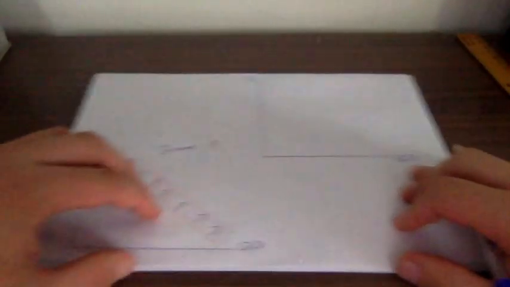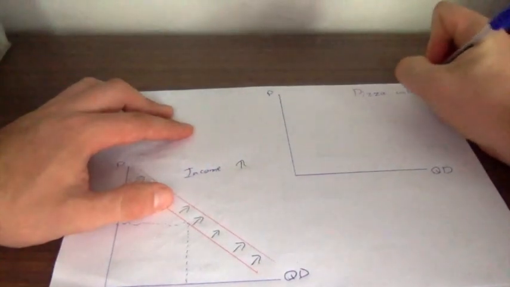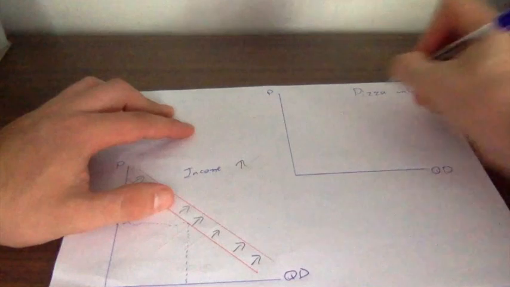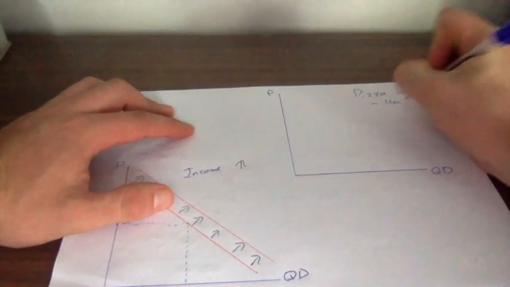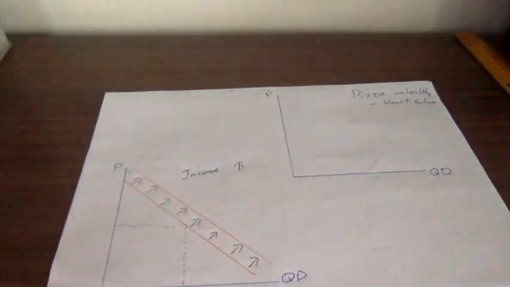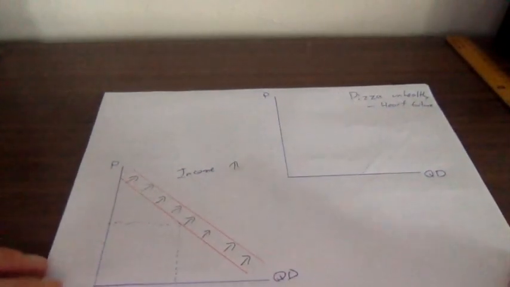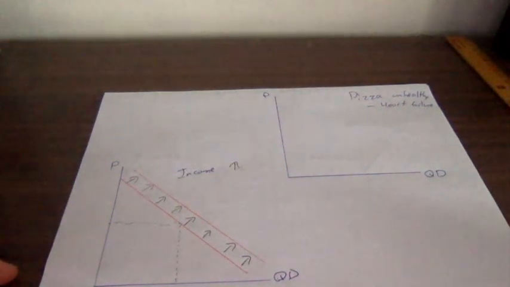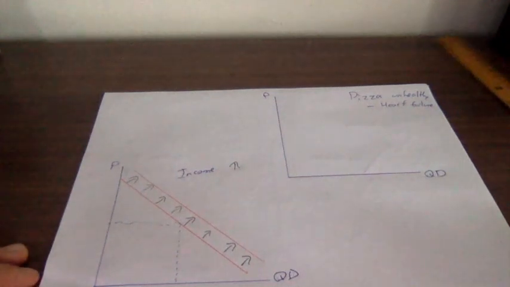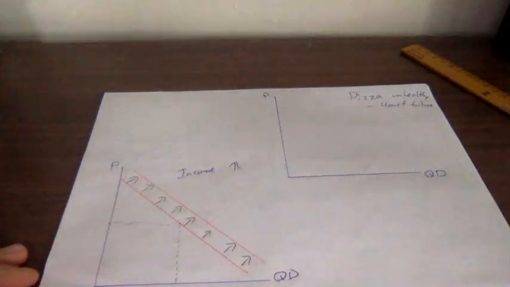Basically, what they said is that pizza is unhealthy and leads to heart failure. So the consumers of pizzas become concerned. Those people who love their Domino's pizza start thinking, oh my God, I've consumed a lot of pizza, my heart is going to fail.